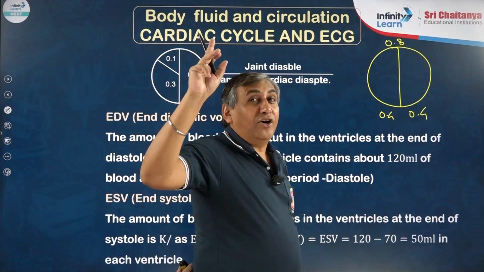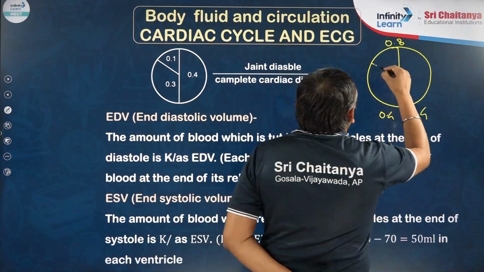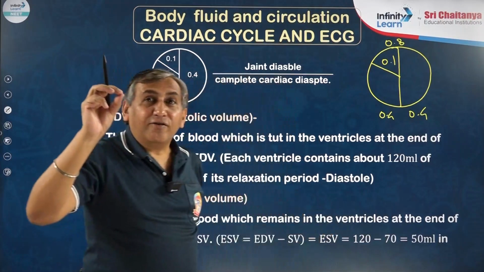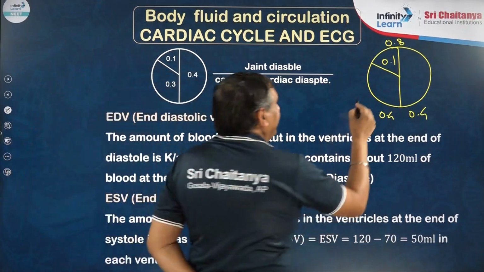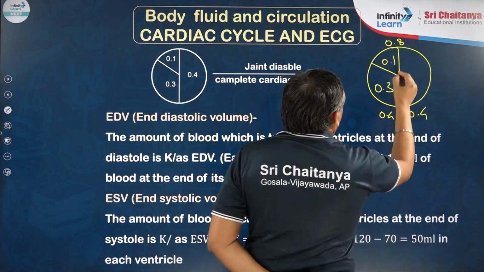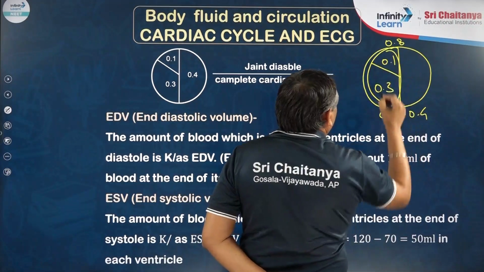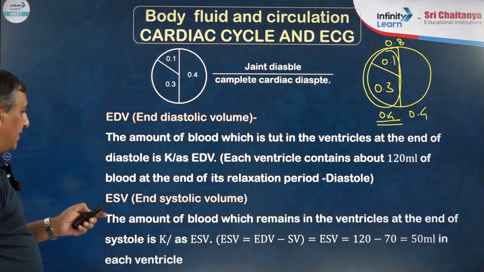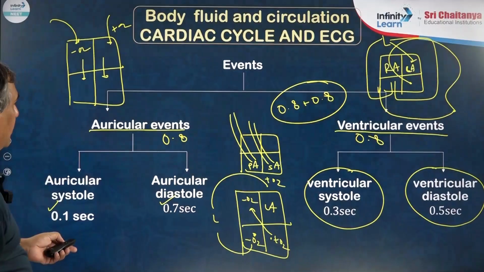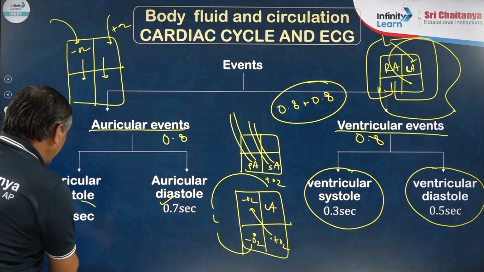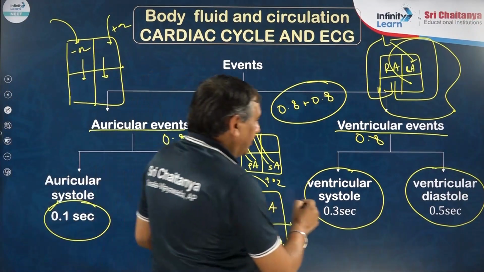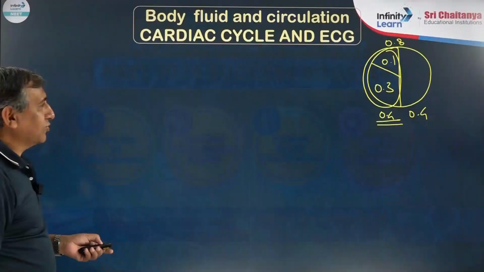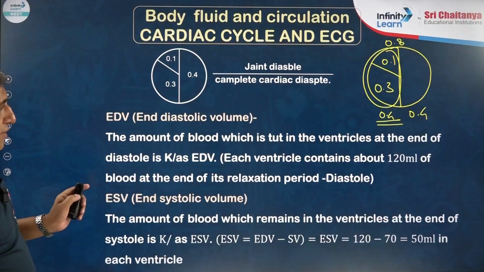Anyone will say, auricular systole is completed in 0.1. What is the duration of ventricular systole? 0.3. So see, 0.3 plus 0.1, total 0.4. Auricular systole is completed in 0.1, and ventricular systole is completed in 0.3. So in how much time is the systole completed? 0.4, clear?